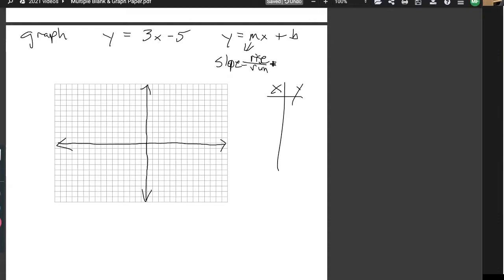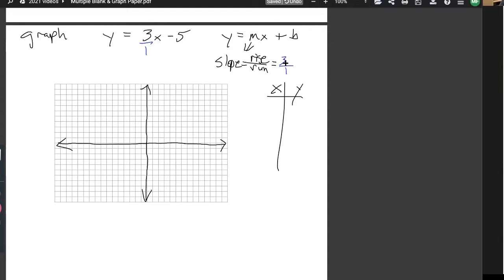Okay, well, that's a fraction. So how do you turn 3 into a fraction? Well, you have to put that over 1, right? So now you have your slope. So you're going to rise 3 and run 1, okay?